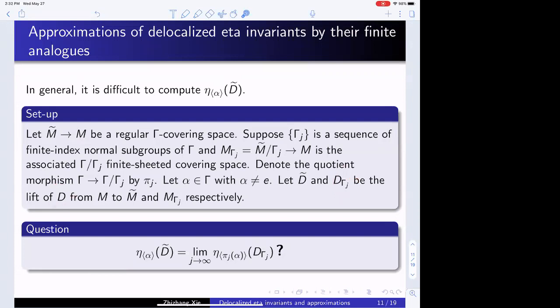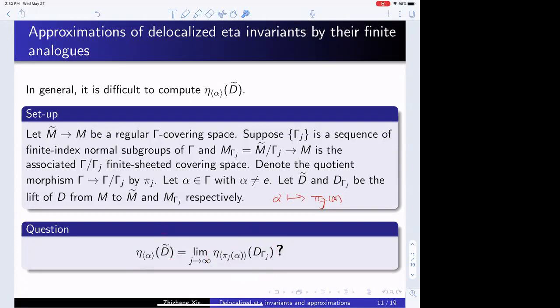Of course, on these finite sheeted covers, you can define the delocalized eta invariant associated to alpha mapped to pi_j of alpha. So really we're considering, in some sense, the same conjugacy class for the same element. This is the conjugacy class of alpha, and this is the conjugacy class of pi_j of alpha. For this conjugacy class, you define the corresponding delocalized eta invariant for D_{gamma_j}.